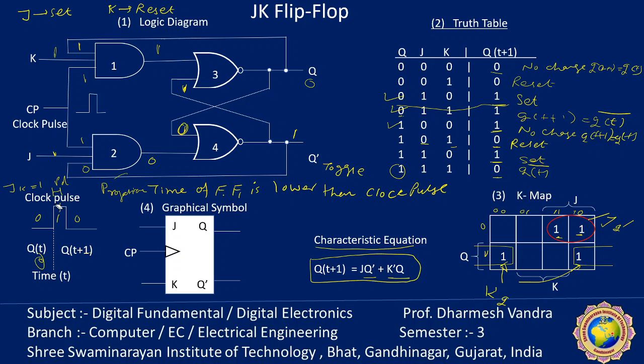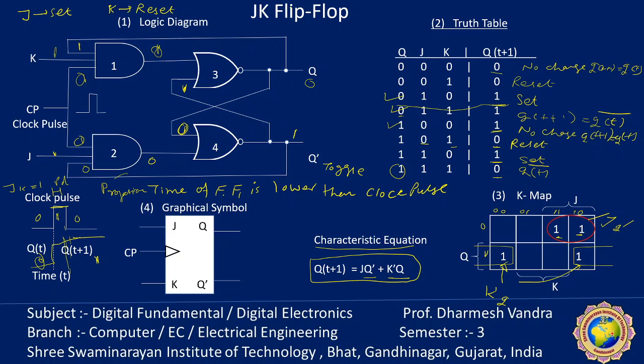Suppose my propagation delay is larger than this clock pulse width. Once the clock changes from 0 to 1, the flip-flop output Qt, at that time the clock pulse changes to 0, so the output never changes and remains 1, satisfying the truth table. The clock pulse width must be shorter than the propagation delay of the particular flip-flop.